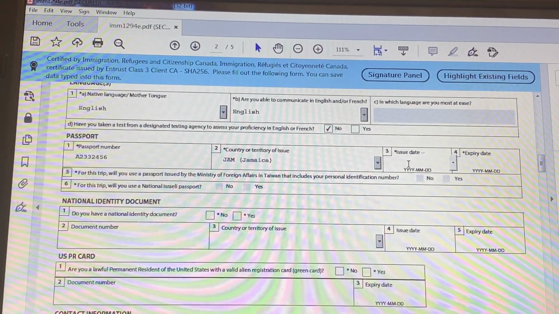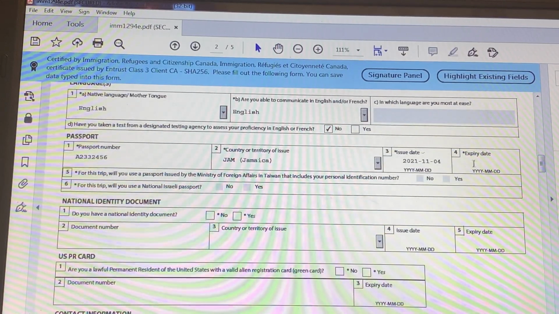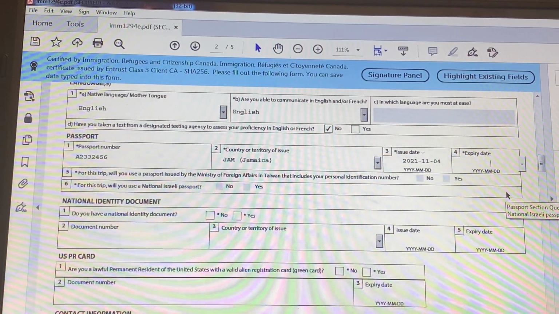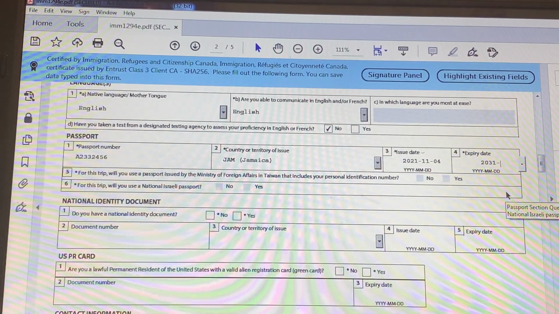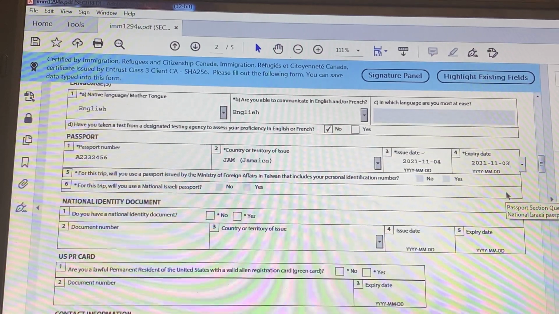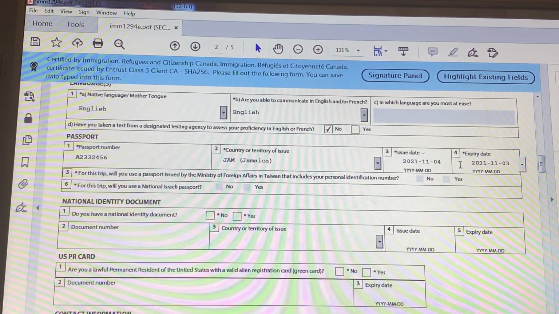And the issue date, I'm going to put today's date again, and the expiration date, I'm going to put that it expires in 10 years, generally, so 2031, November 3rd. So the date that your passport was issued and the expiration date of your passport.